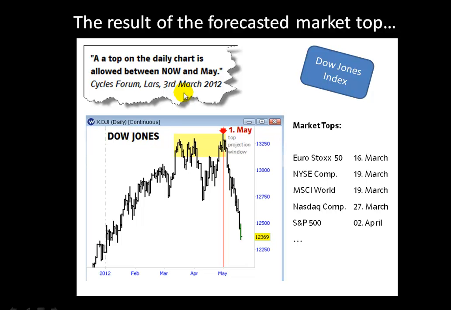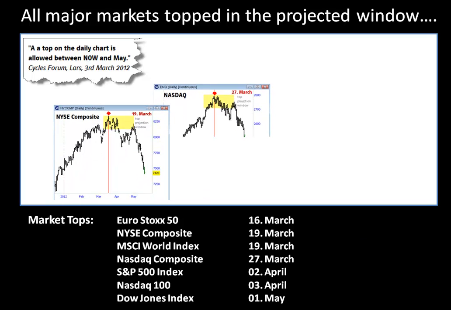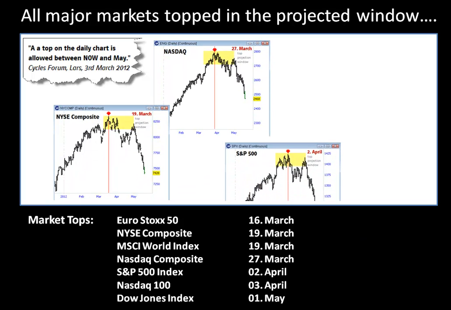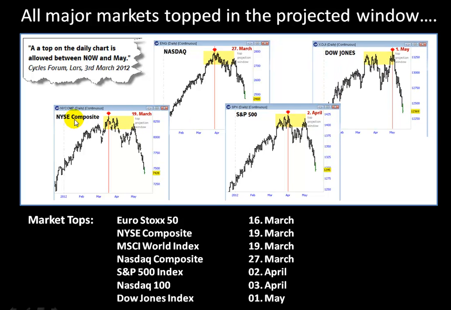It's the Dow Jones Index where the projection window closed. So all major markets topped in the projected window, one after the next. At the beginning of the window we have the New York Stock Exchange, followed by the Nasdaq on 27th, then the S&P 500 on 2nd April, and at the end of the window the Dow Jones Index on 1st of May.